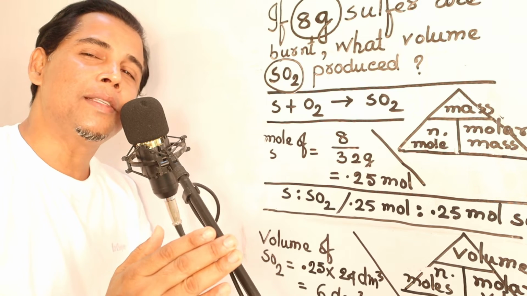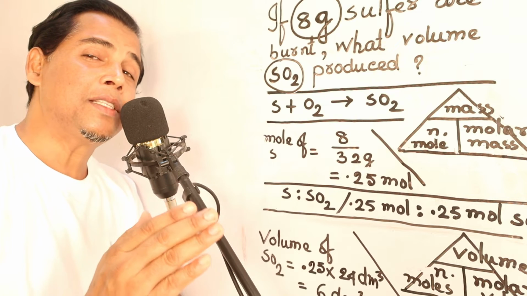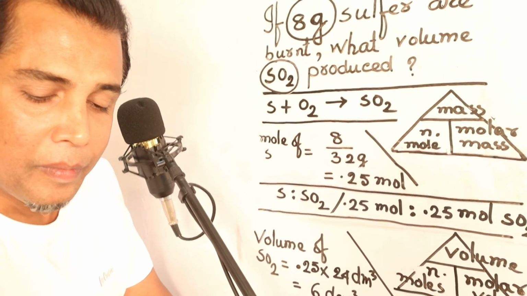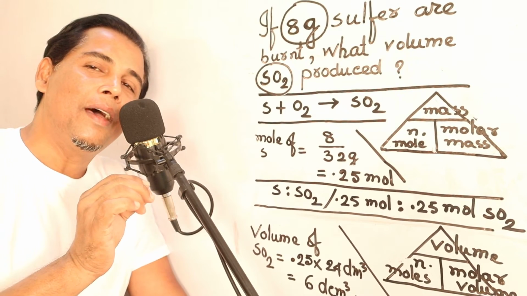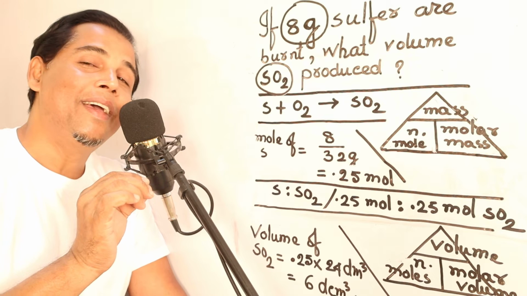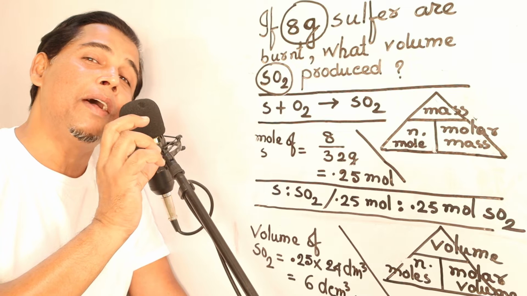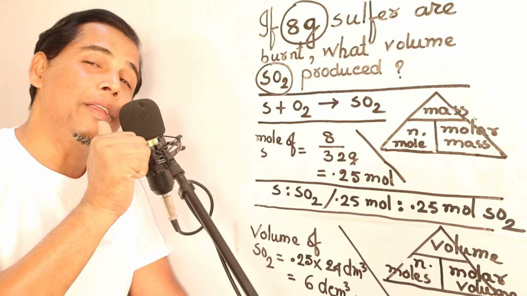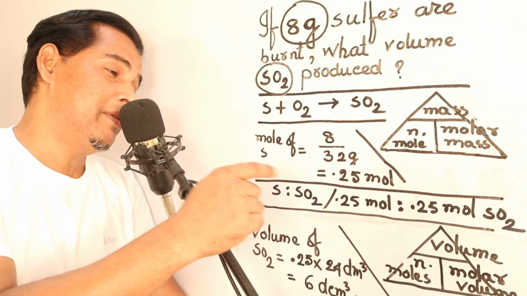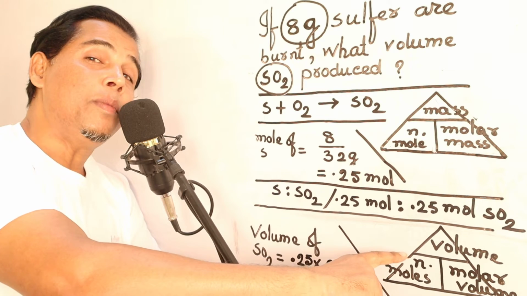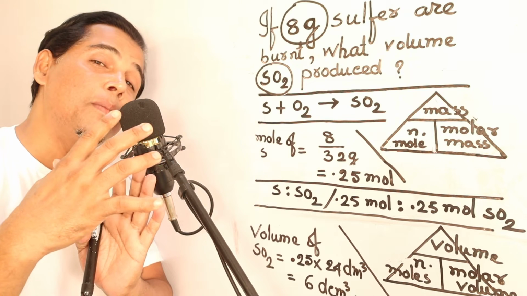In the exam hall, you are very helpless. This is an uncut video. In the exam hall, if you don't have the data and formula, you are really helpless. That needs to be captured in your brain. Another formula is volume, number of moles and molar volume.